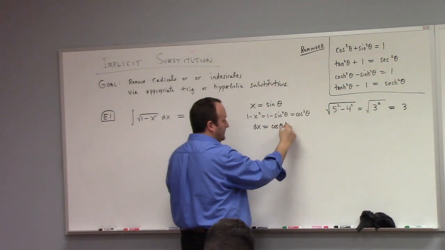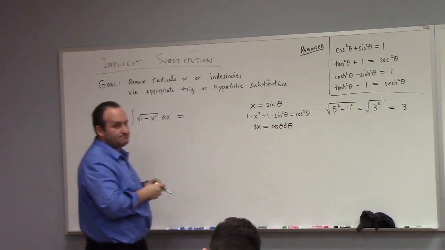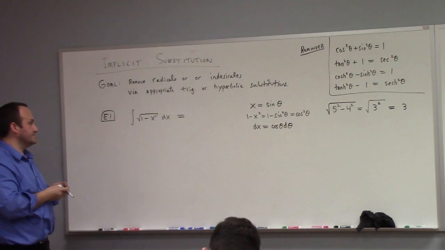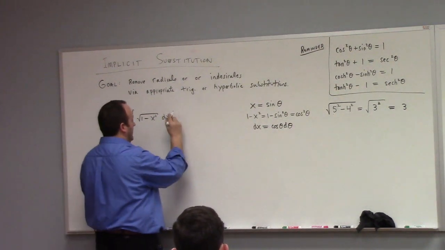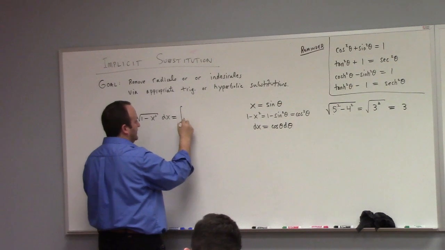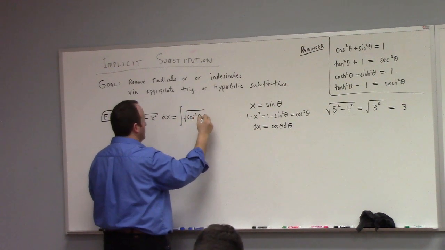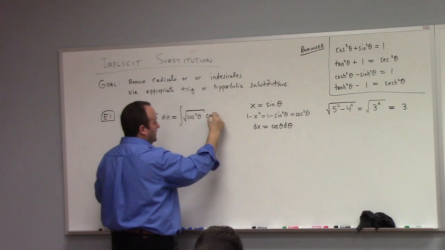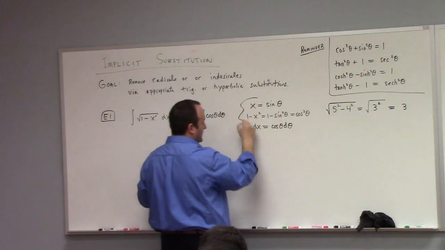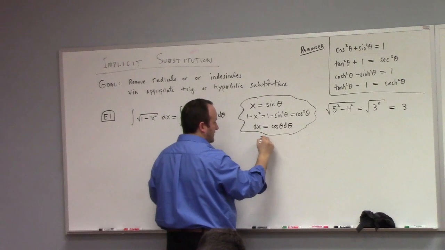Cosine theta d theta, right? And so there you have it. This is the integral of the square root of cosine squared theta, closed radical, and then cosine theta d theta by this trig substitution.